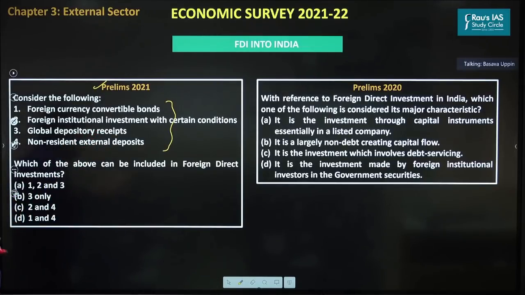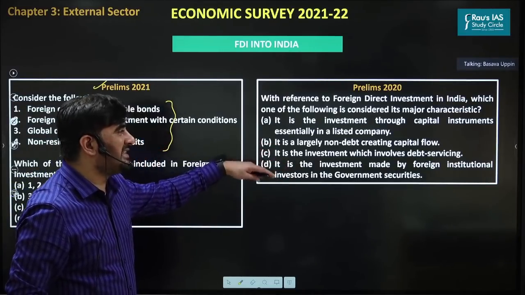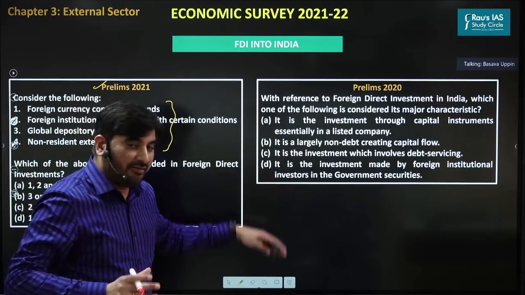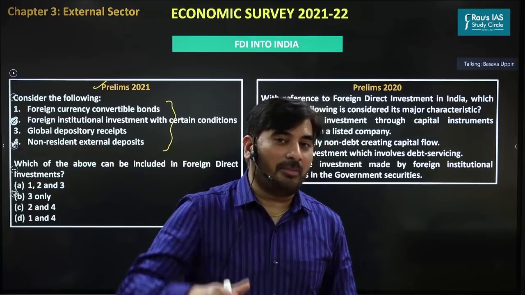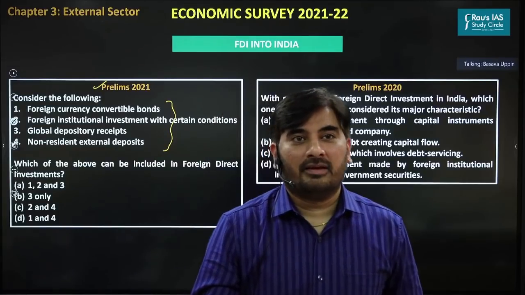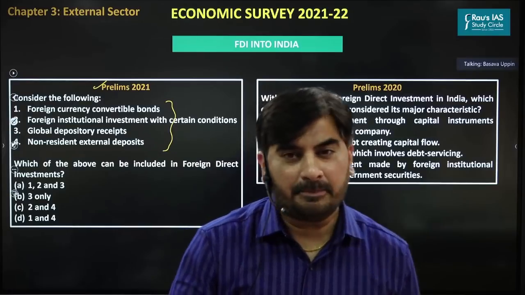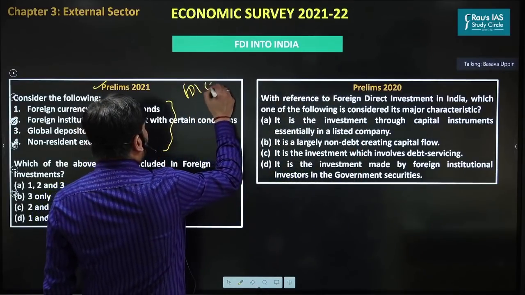Normally, when students study for the UPSC prelims examination, they don't study all of these aspects. Similarly, we had this question in prelims 2020 about which among the following is a major characteristic of FDI. So every year, UPSC is asking some question related to FDI, which normally we don't study. So if you have to prepare for this particular topic of FDI, you need to go through the FDI consolidated circular.